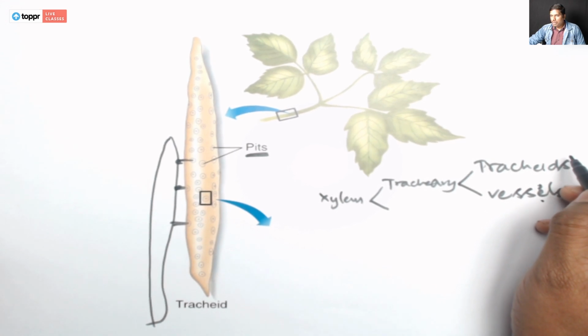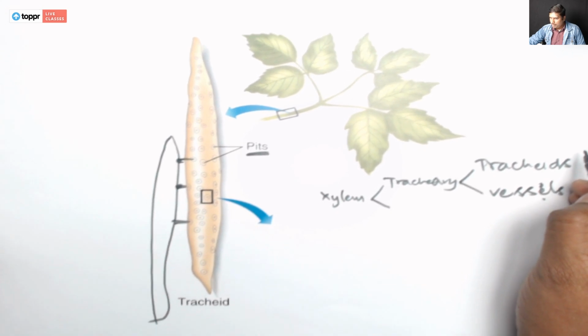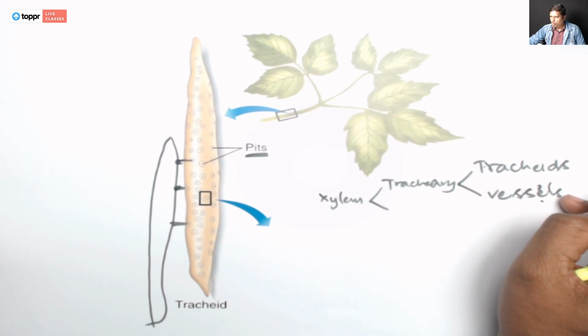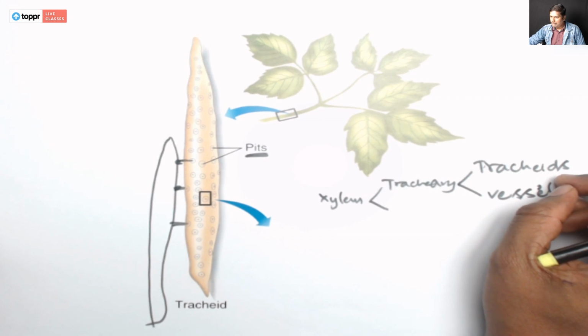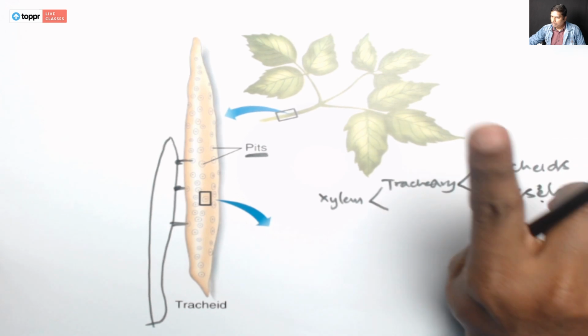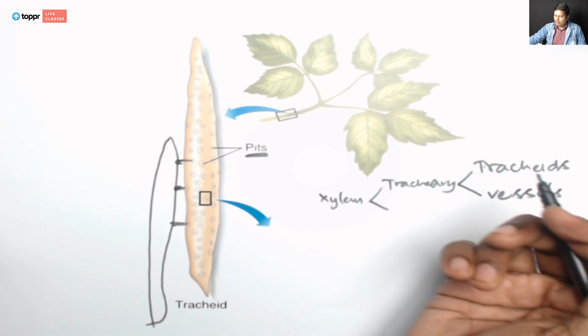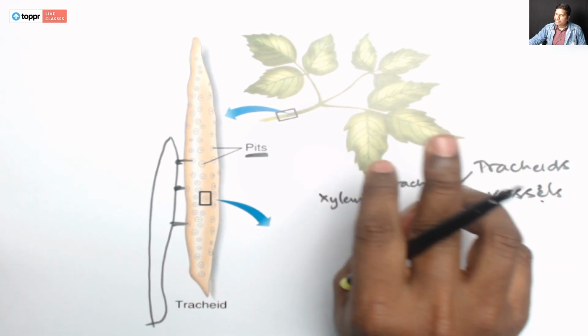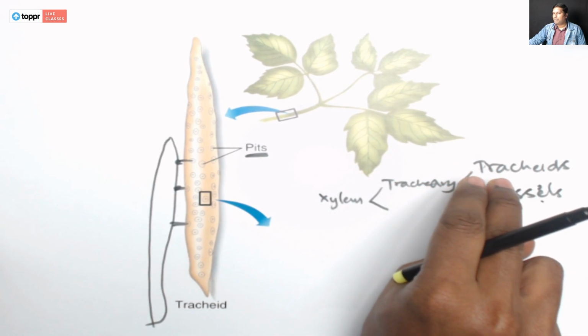Now they both connect end to end. They have pores all over their body, and they both connect laterally also through pit pores, or pits, and these pits can be bordered or without any border.